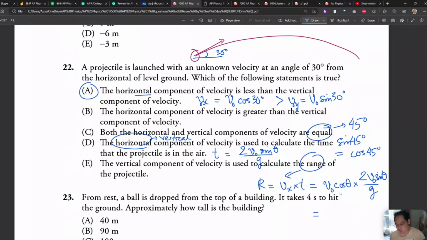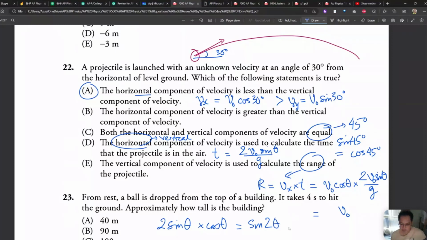We can simplify this equation: 2 times V0 sine times cosine. There's a theorem in trigonometry, an exercise that requires you to prove it, that 2 times sine of an angle multiplied with the cosine of that angle is equal to sine of 2 times that angle.